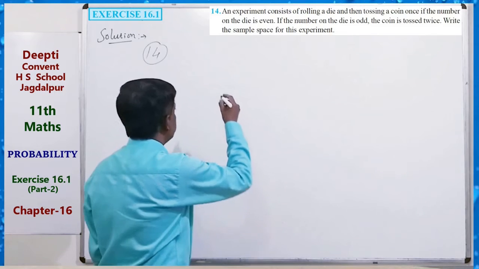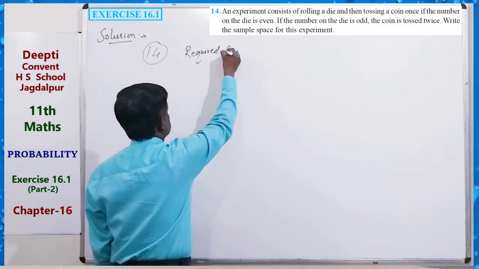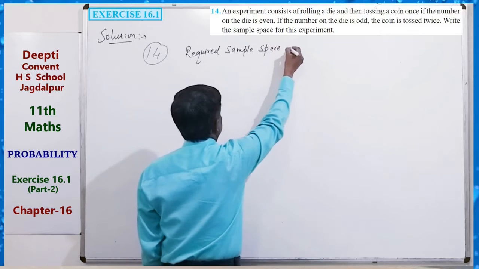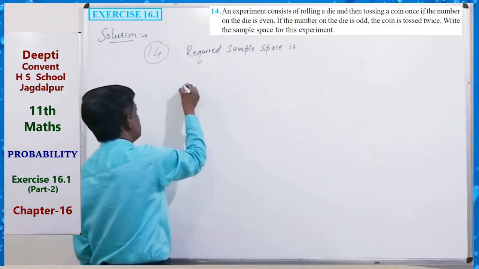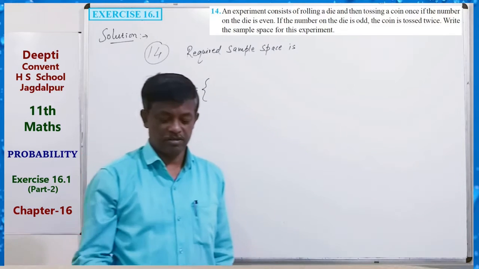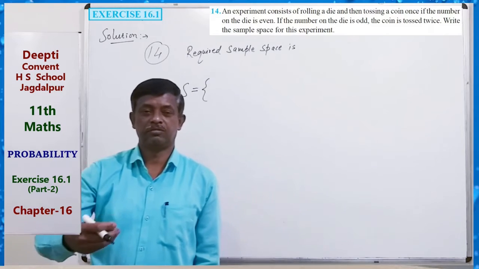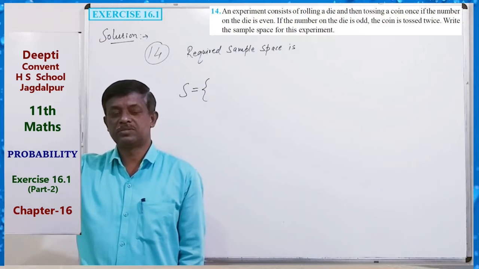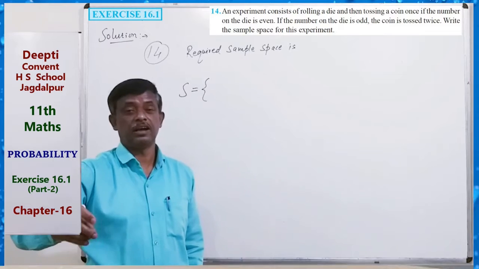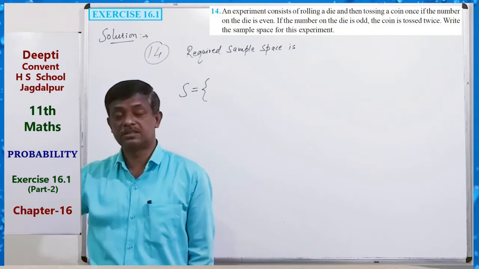So for the required sample space, you have to discuss tossing a coin, where we have two possible outcomes, H and T, and rolling a die, where we get 6 possible outcomes, 1, 2, 3, 4, 5 and 6.